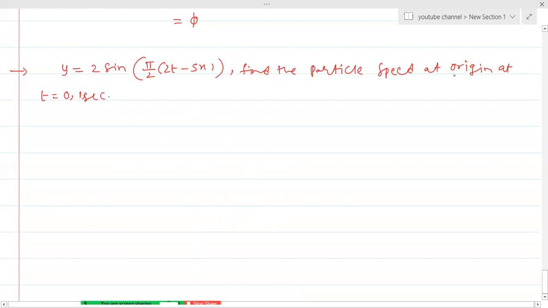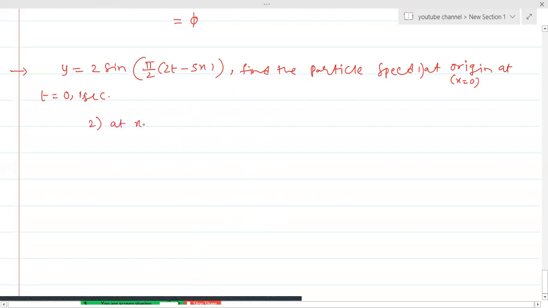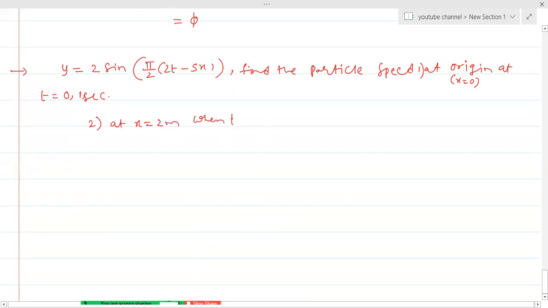At the origin means automatically x is equivalent to 0. So this is the first question. And also the second question, at x is equivalent to 2 meters and when t equivalent to 6 seconds.